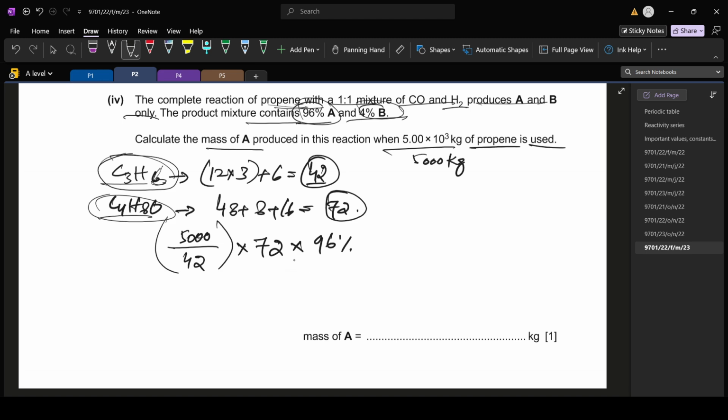Okay, so you will have a mass of approximately 8230 kgs. Okay, this is the mass of A which is produced.